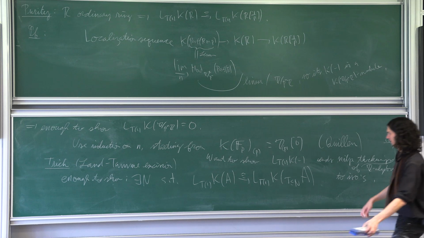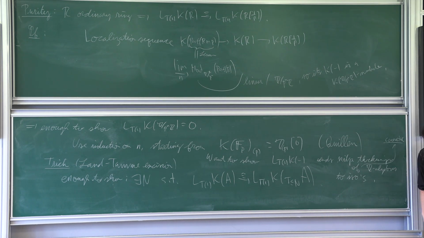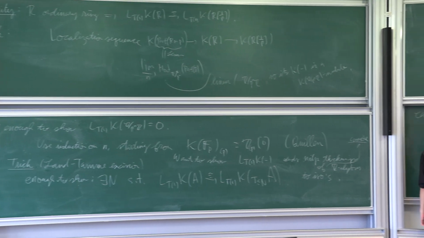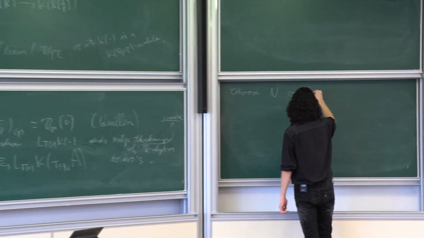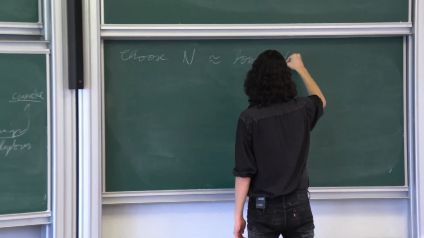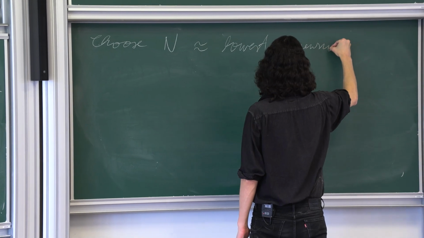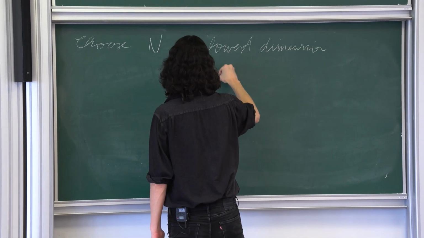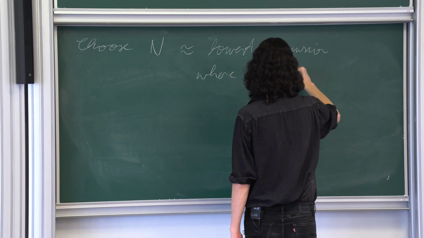Now, how are we going to choose N? We choose N approximately equal to the lowest dimension where V1 exists unstably.